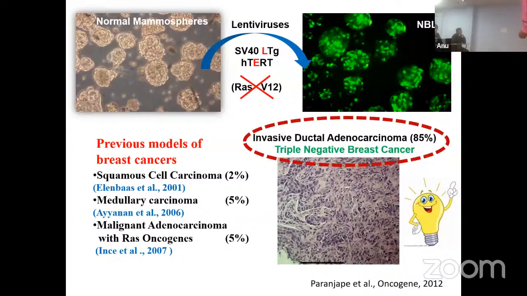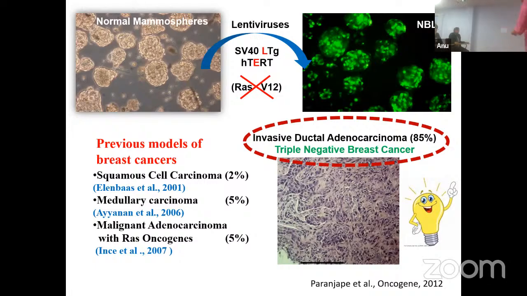What is the nature of the tumor that they form? They ended up forming what technically are called invasive ductal adenocarcinoma. Forget about the mouthful of the term. 85% of the cases that the clinician will see in the hospital are of this kind. What about those which previous researchers had done? I had learned this technique in another lab. What about the experiments they had done? When they made this, they had used cells that were adherent.